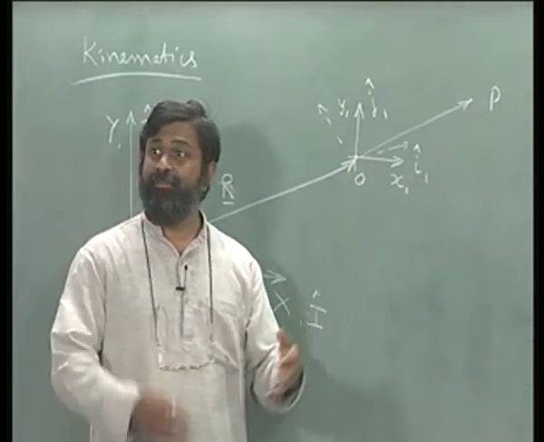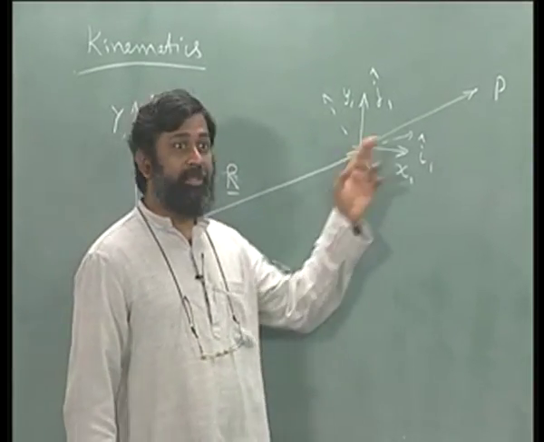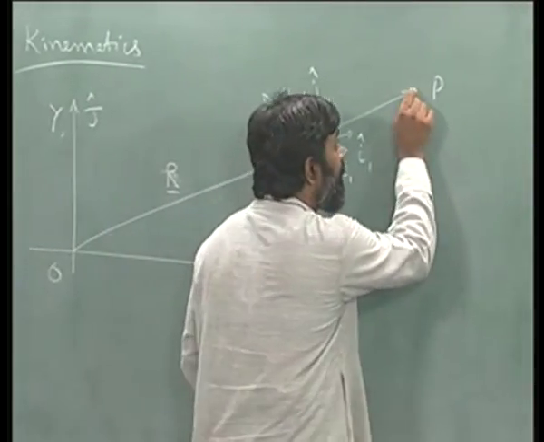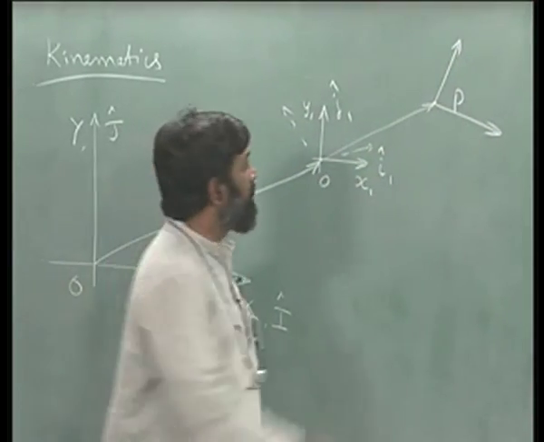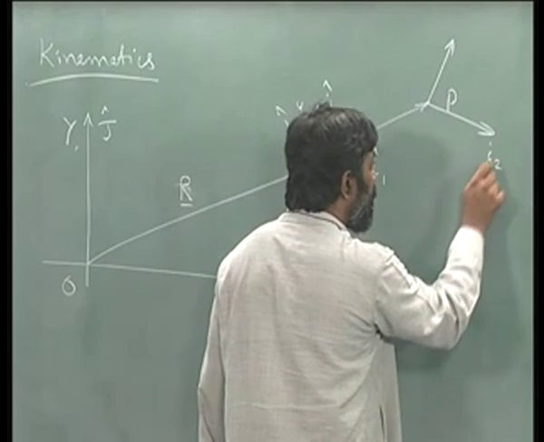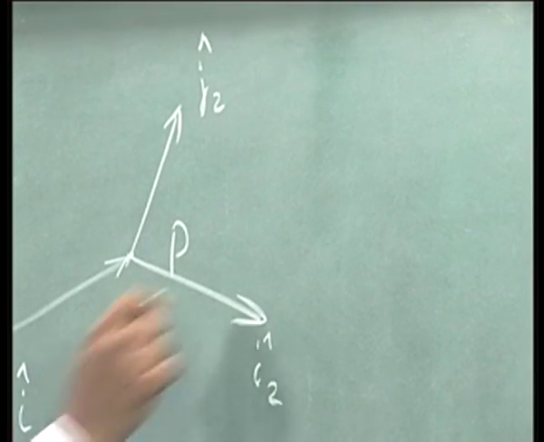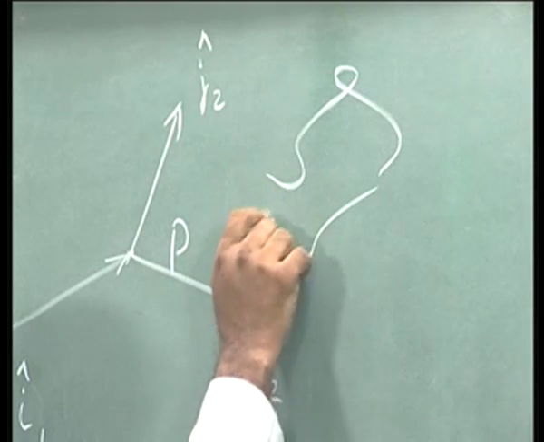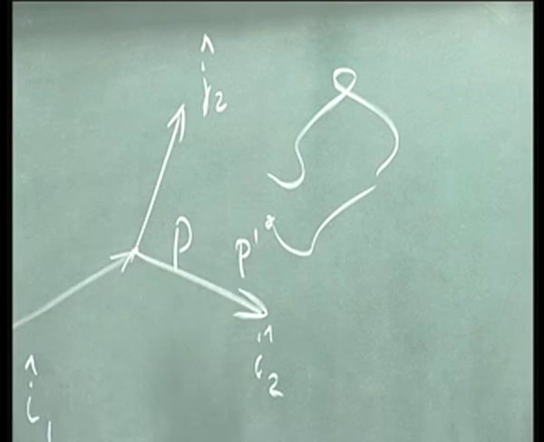Within Chennai I have a vehicle in which this studio exists, which means I have another frame of reference with respect to this frame of reference. Let me call it I2 J2, and I could be moving around here. Let us call this P prime, which is Shiva moving around like this.